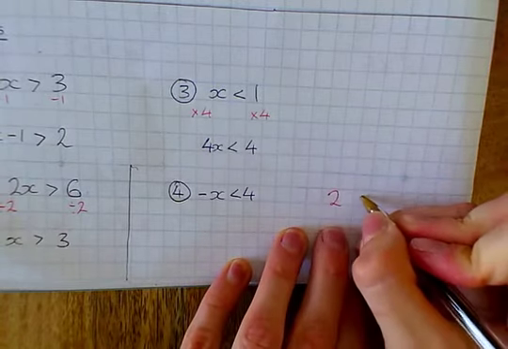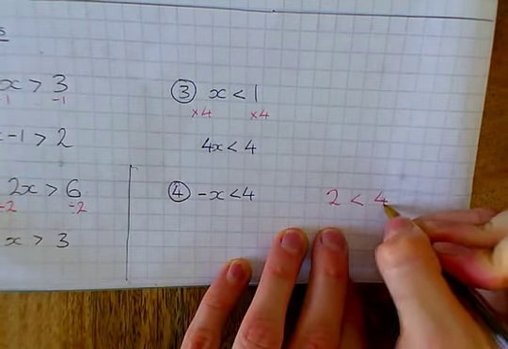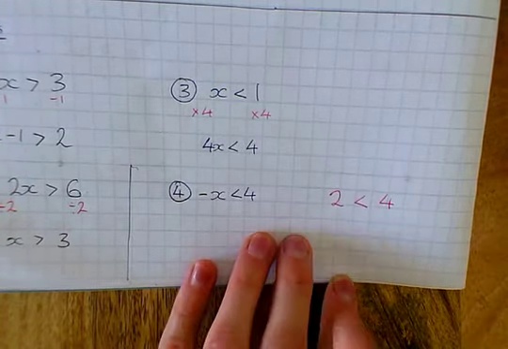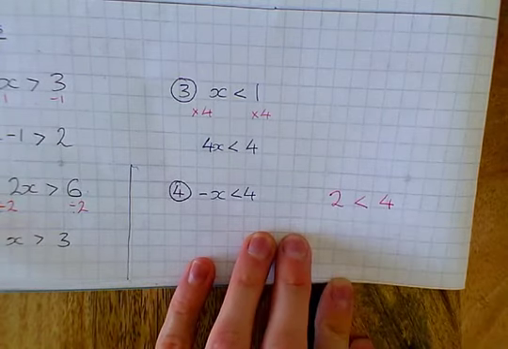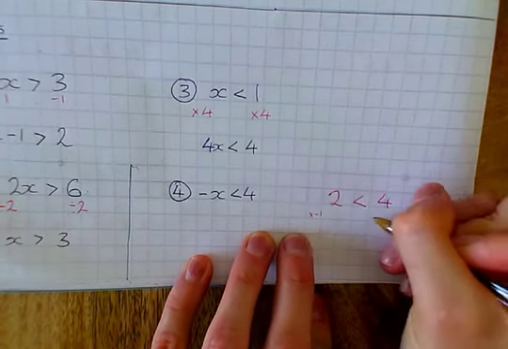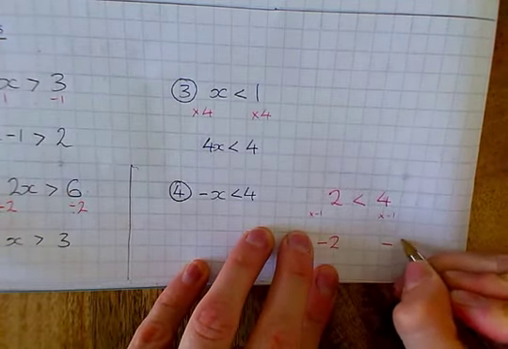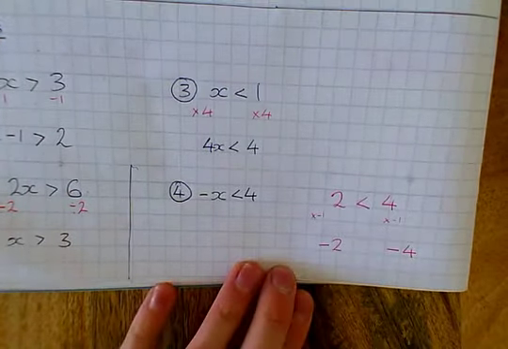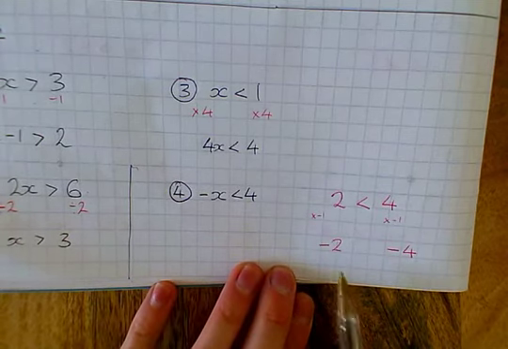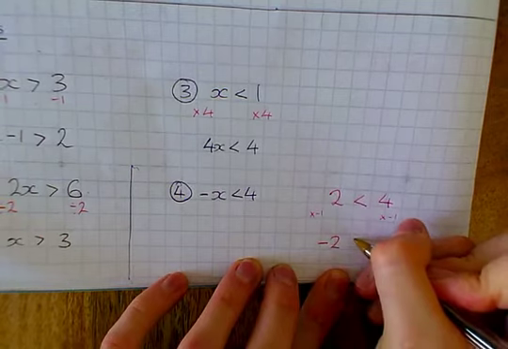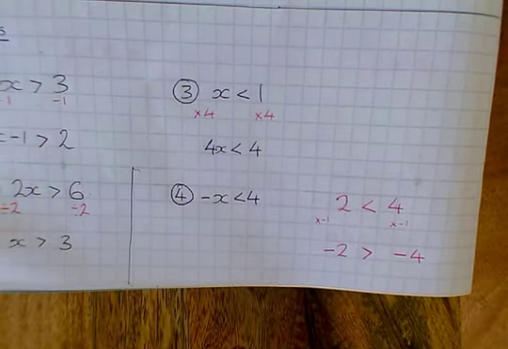I'm going to say, right, 2 is less than 4. Now here, if I times both sides by negative 1, I will get negative 2 and negative 4. And now thinking about how I should write the sign, well, negative 2 is greater than negative 4. So my sign will change.